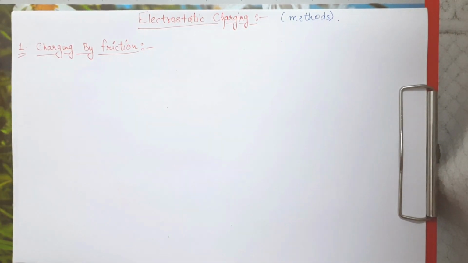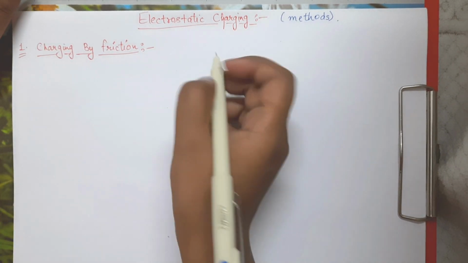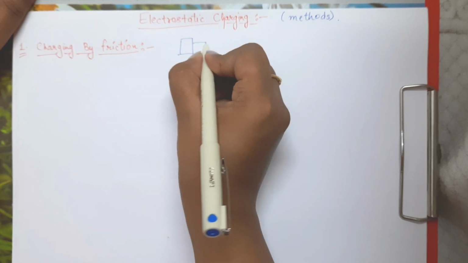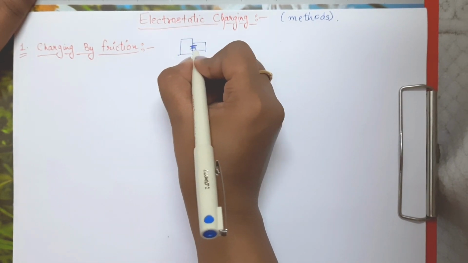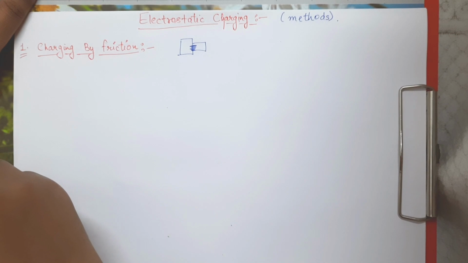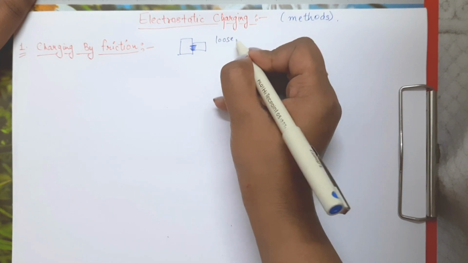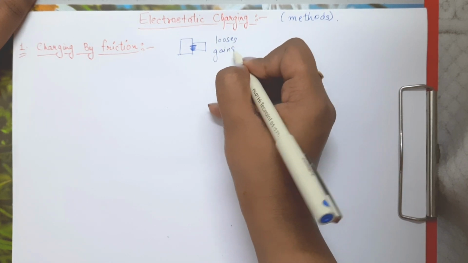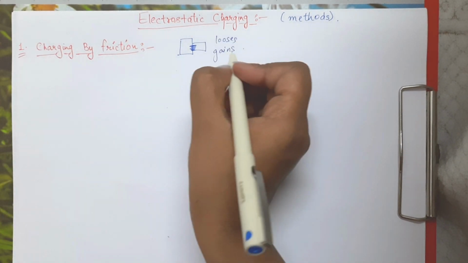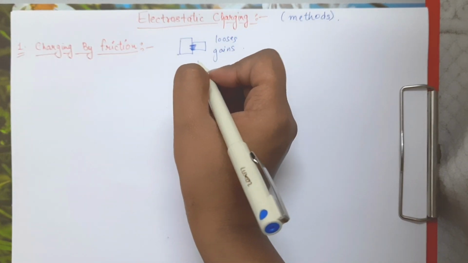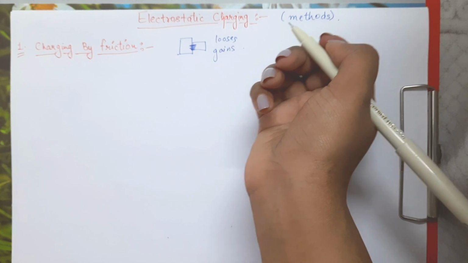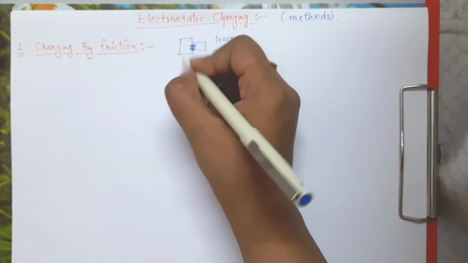Basically, we have studied this in lower classes as well: if we have two objects and they create friction with each other, if two objects are rubbed with one another, one loses and the other gains electrons on rubbing, and the amount of charge transferred depends upon the type of materials we are using while rubbing.